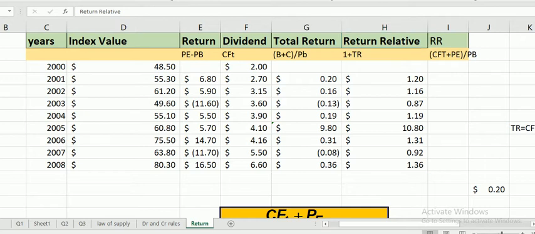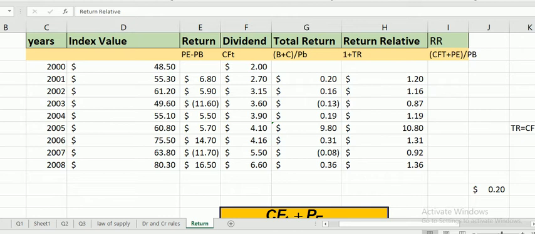So look at here, we are comparing all the returns relative values with the standard 1. If the returns relative RR, note it, is more than 1, it shows a positive increase, appreciation in the price as well as in the dividends; the total returns are positively increasing.